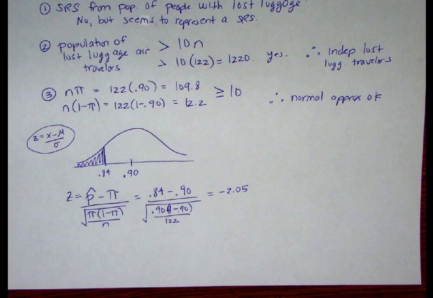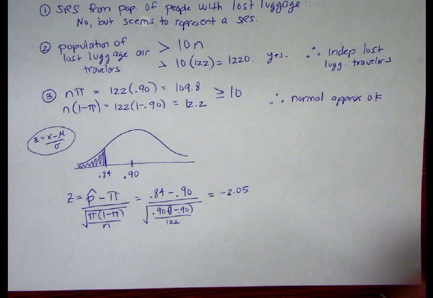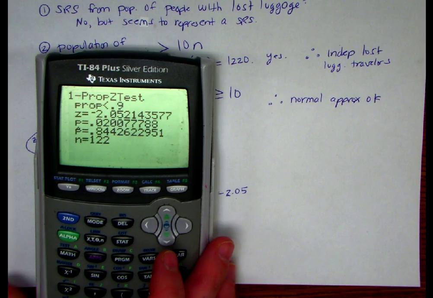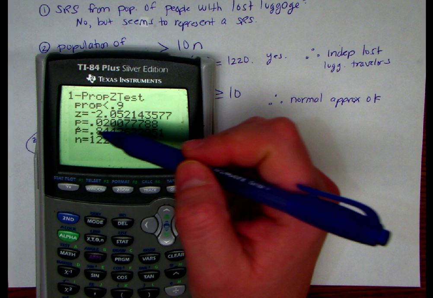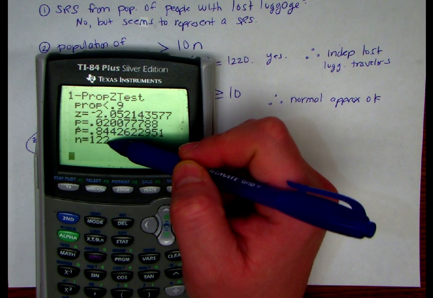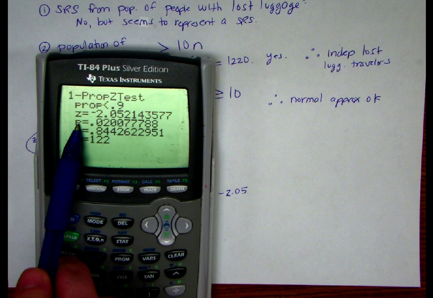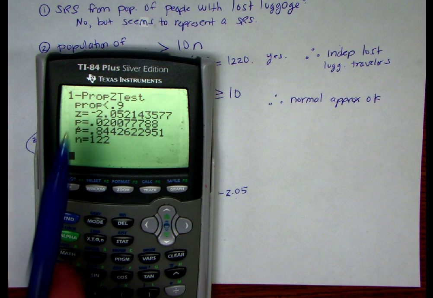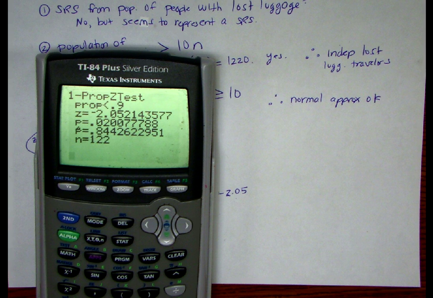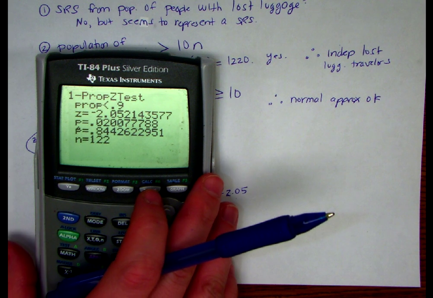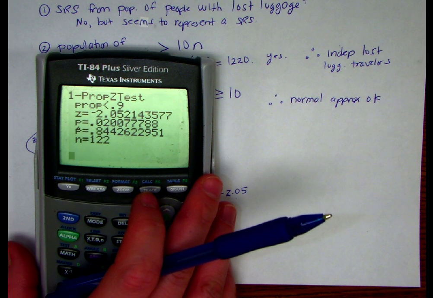Okay. Now the other value that I care about, look over here. Notice p-hat is 0.84, your n is 122. It's this guy right here. That's called the p-value. The p-value, it's not pi in this situation. It's actually called the p-value that they're giving you. P is equal to, you can't have a negative probability, 0.02.